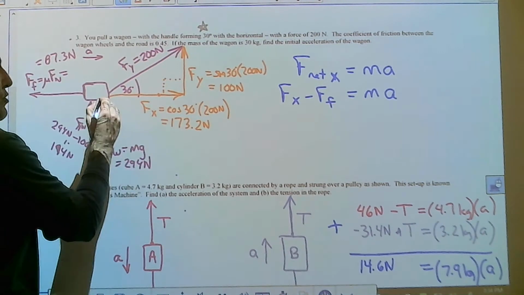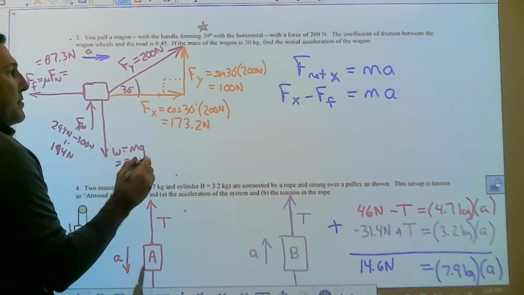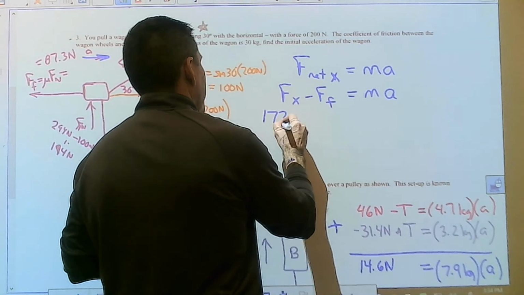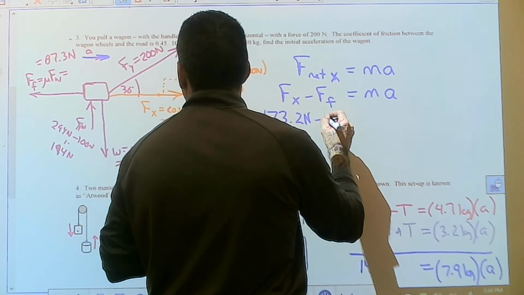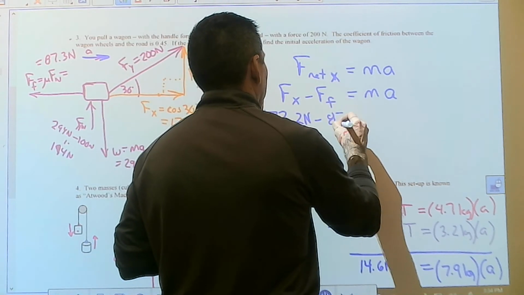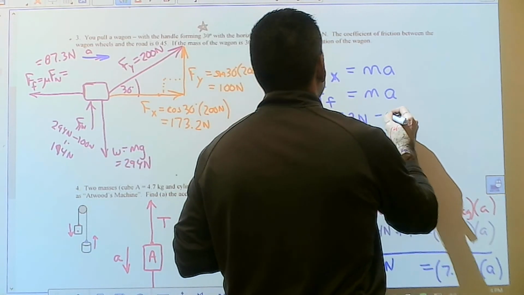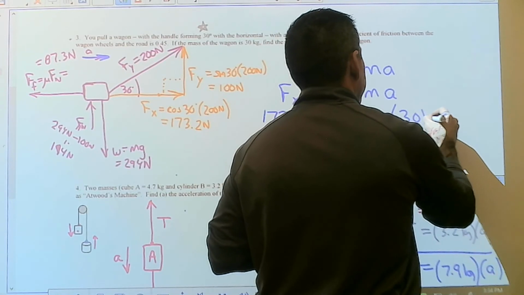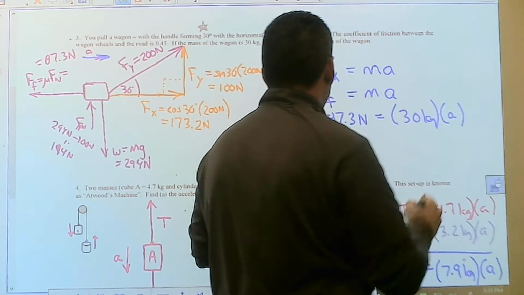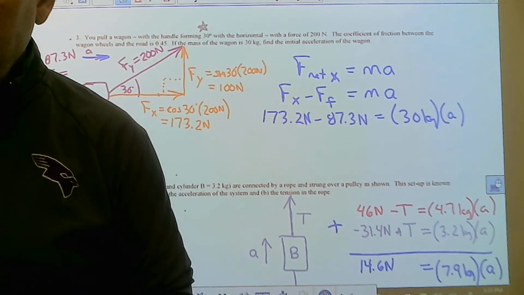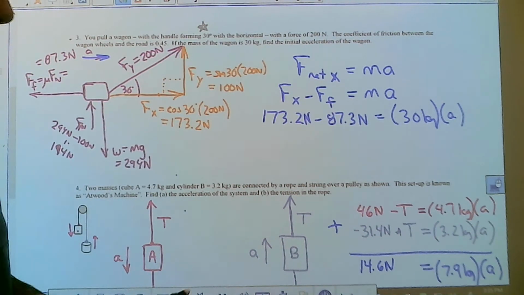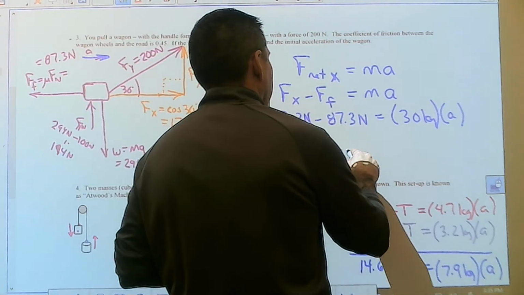Those are the only 2 x forces. So I've got 173.2 newtons minus 87.3 newtons equals the mass of 30 kilograms times the acceleration, which gives me 2.86 for my acceleration.